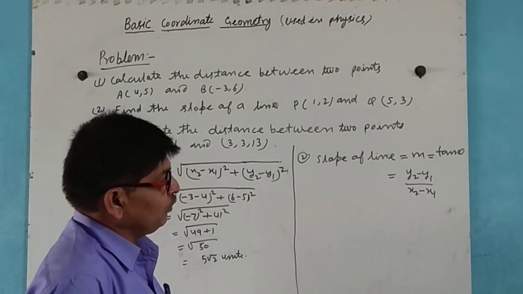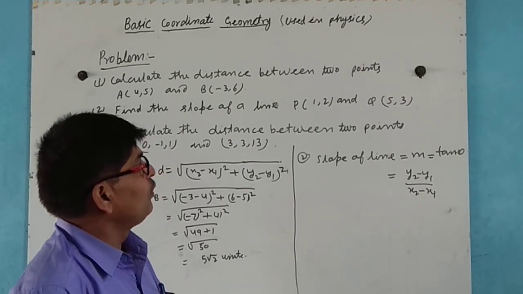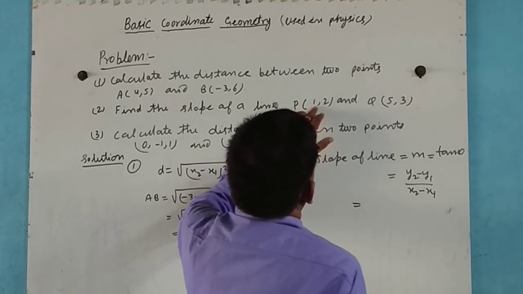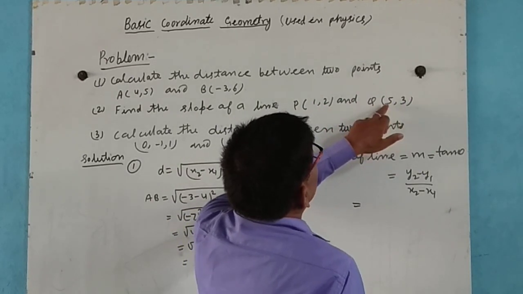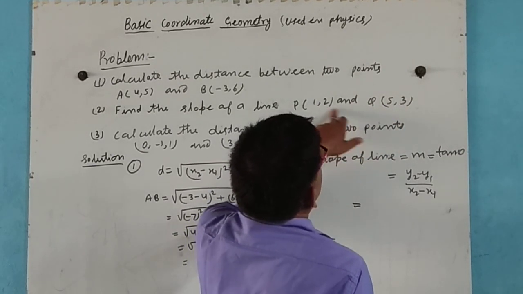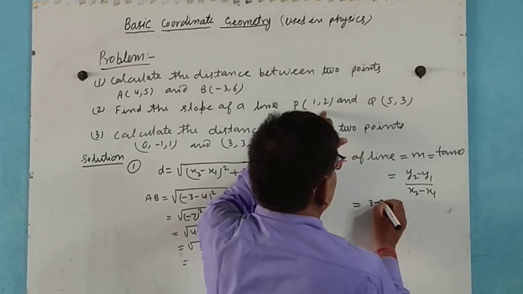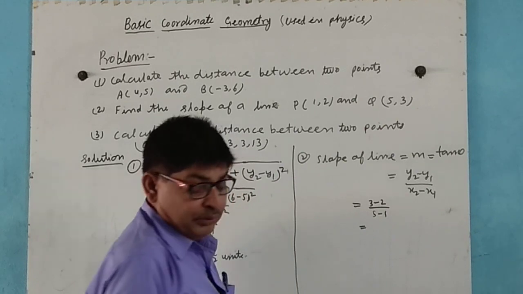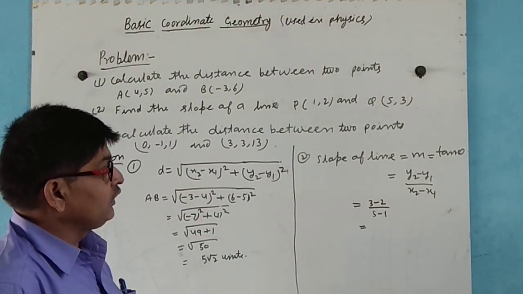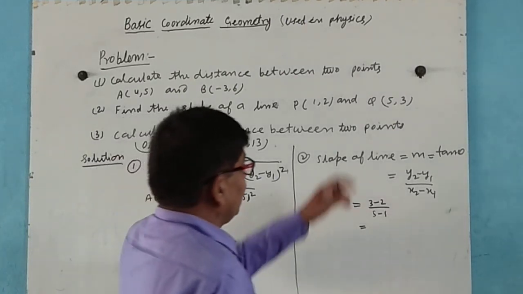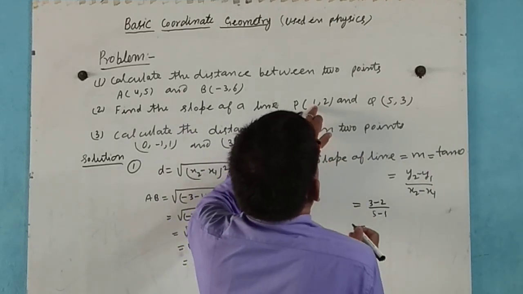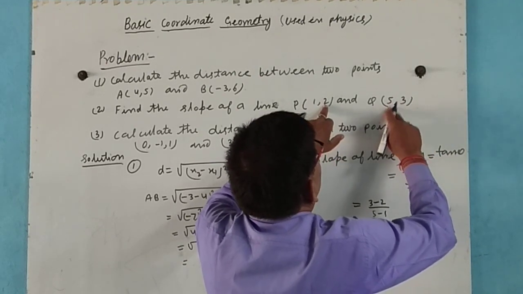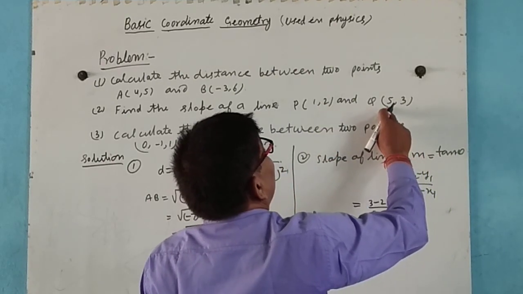Here x1, x2 and y1, y2 are the coordinates of the points. Putting the values, this is 3 minus 2 divided by 5 minus 1.